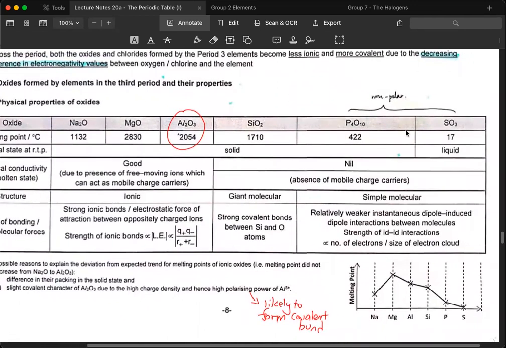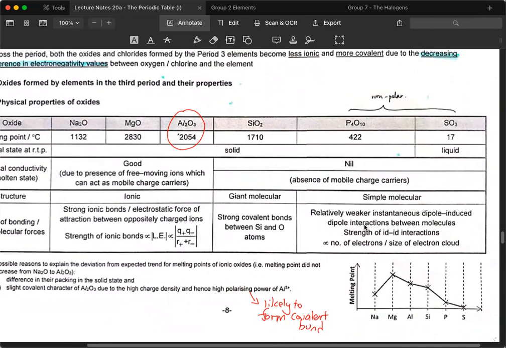It is not like graphite and diamond, because the silicon-oxygen bond is not as strong compared to carbon. Then for the simple molecular ones, it has to do with instantaneous dipole-induced dipole interactions. If you have more electrons, you have a greater electron cloud size, more polarisable, so the strength of id-id interaction should increase.